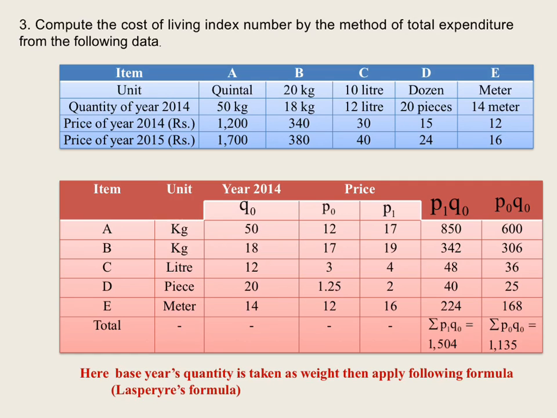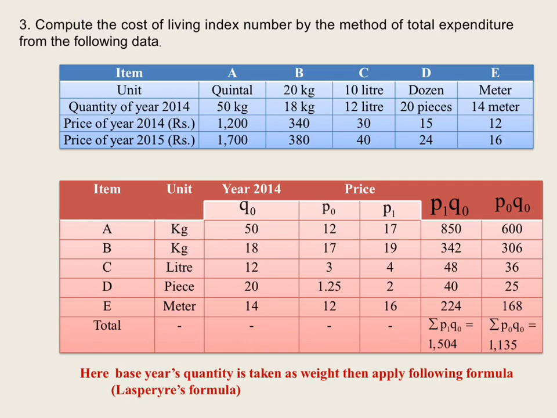Quantity for 2014 is given, price for 2014 is given, and price of 2015 is given. If we consider 2015 as the current year, then 2014 is our base year. So quantity for the base year is given. In that scenario, what do we have to do?